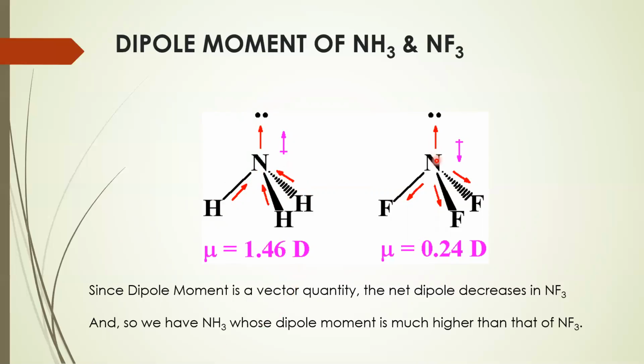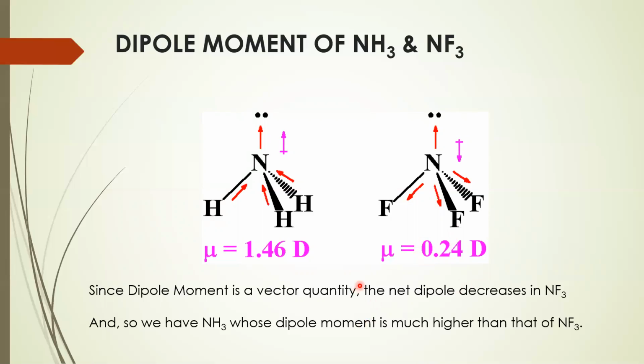Whereas in NF3, you can see it is in the opposite direction. The dipole moment of nitrogen is upward, whereas the dipole moment of fluorine is downward. So there are more chances of them cancelling each other, and the resultant dipole moment decreases.